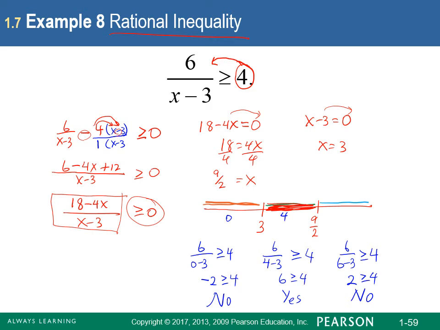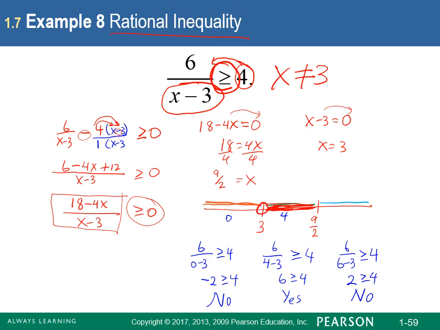Now one last tidbit of information that is specifically unique to rational inequalities is this. Because the bottom of this fraction is an x minus 3, we know that x cannot be a 3, or we'd have division by 0. And so, regardless of what this symbol is, the 3 has to have an open circle.